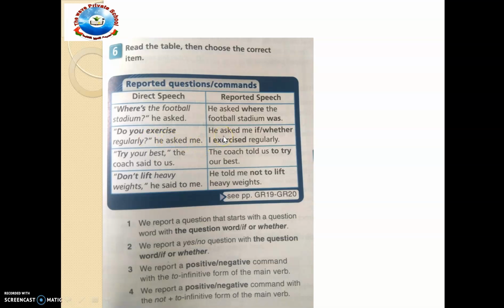See the reported speech: he asked me if, or he asked me whether, I exercised regularly. Did you get that right? Now, having read this, I want you to give a shot to this question. Read the table and choose the correct item. Then you can compare your answers.